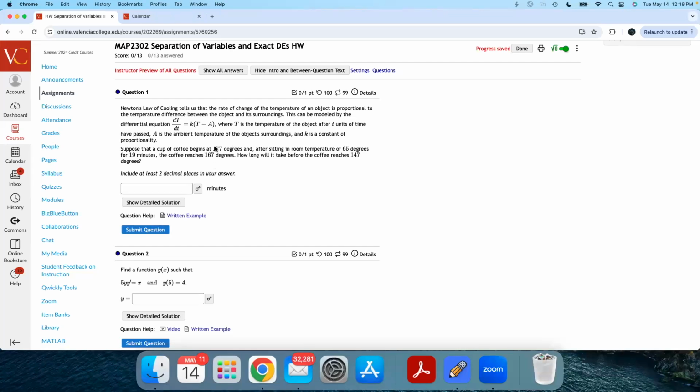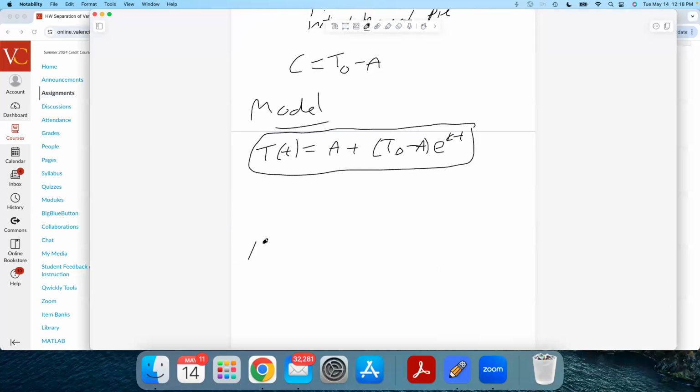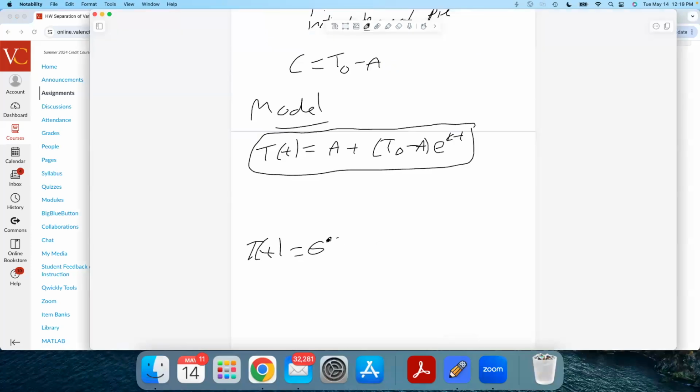So we're going to plug in this for T naught, this for A. Your model is going to look like, see, I keep going back and forth, 65 and 177. And then whatever that number is, just find that number. Was that 112? Don't trust my arithmetic there, but whatever that is.